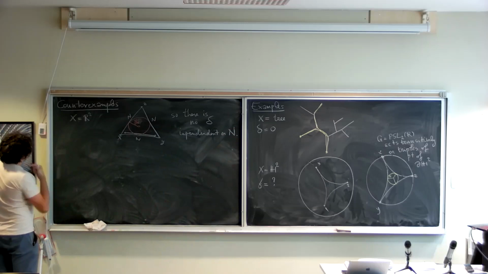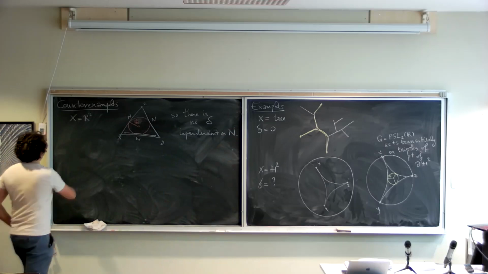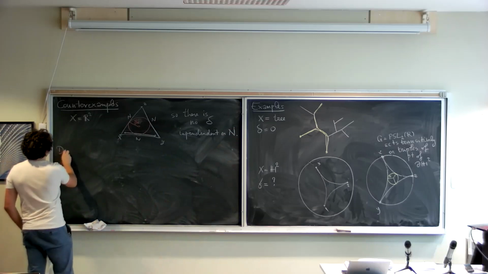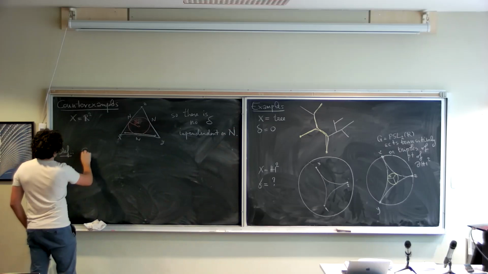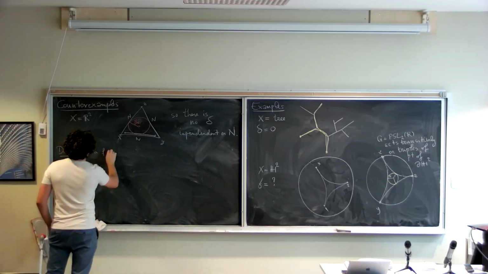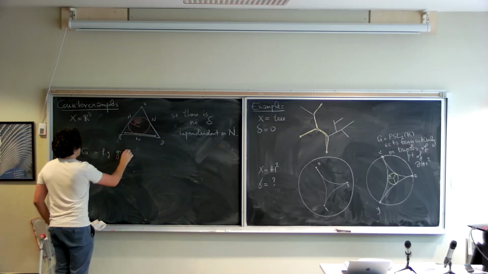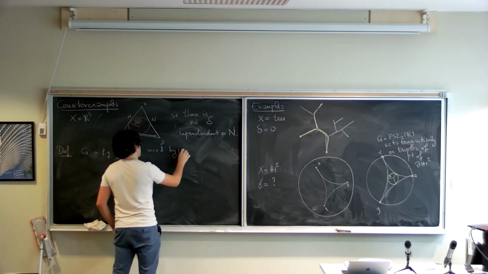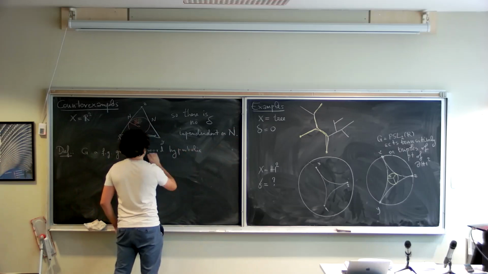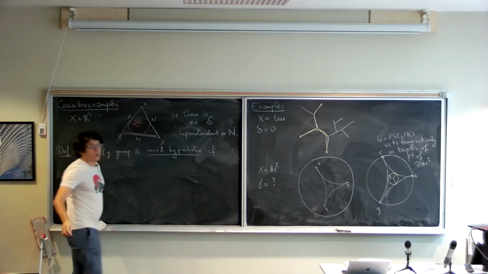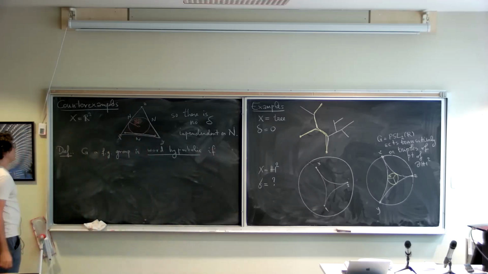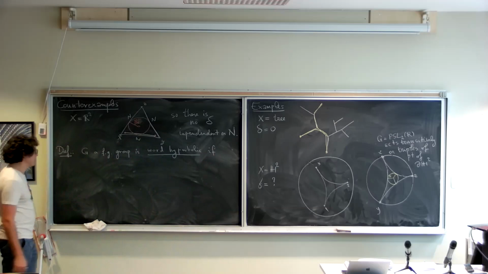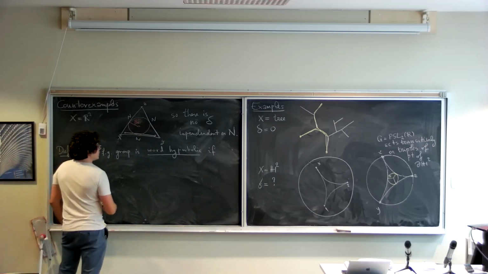So what's going on? In general, if G is a finitely generated group, G is word hyperbolic if the Cayley graph of it is hyperbolic in this sense, which is sometimes called Gromov hyperbolic, because this theory was developed by Gromov.